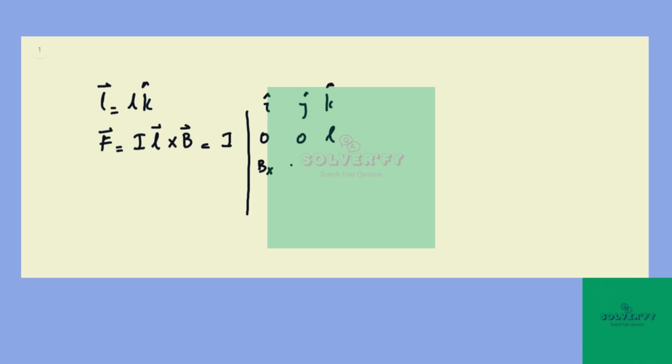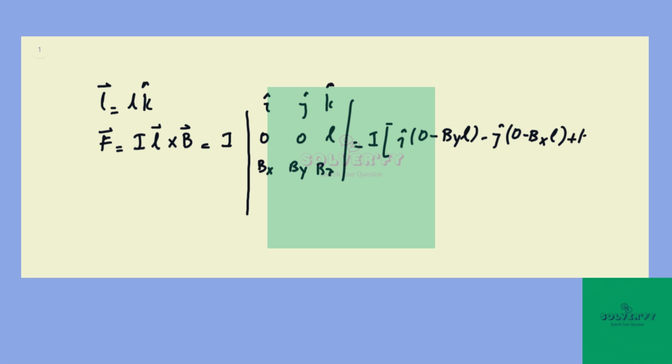And we have Bx, By, and Bz. Now i hat is going to be 0 minus By times L, minus j hat is going to be equal to 0 minus Bx times L, plus k hat. As you can see, 0 times By, 0 minus 0.